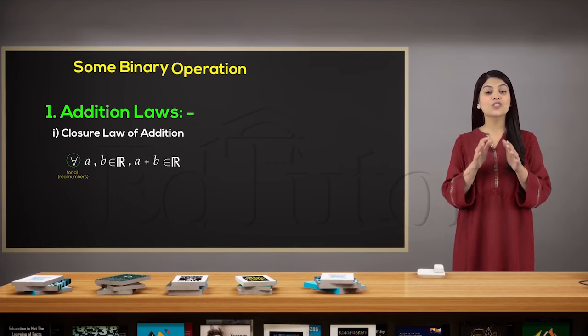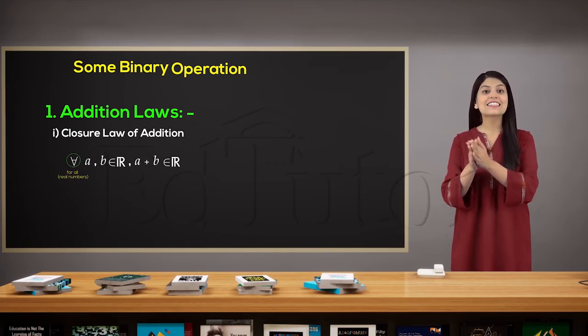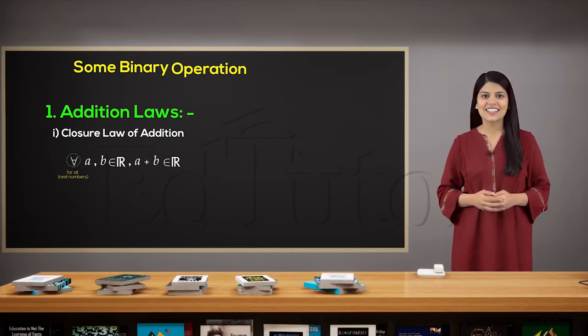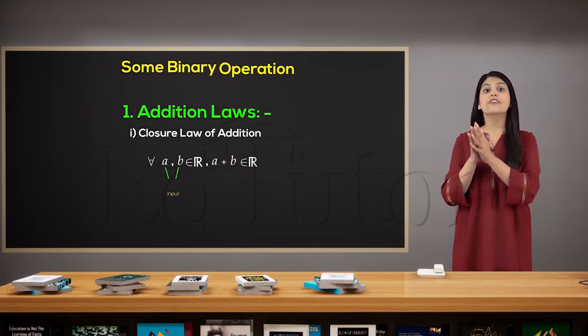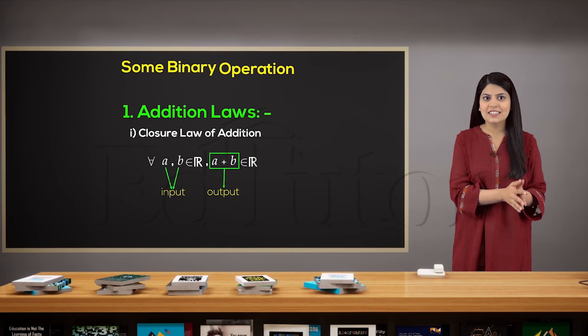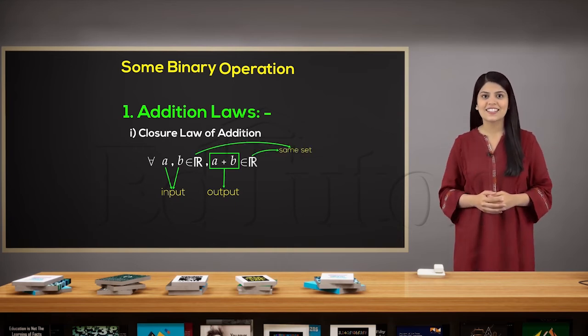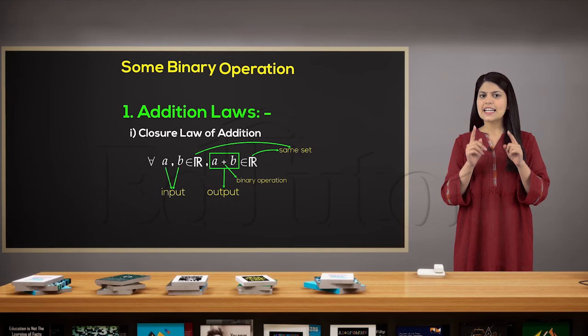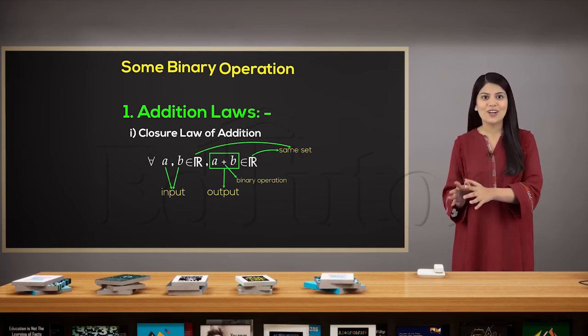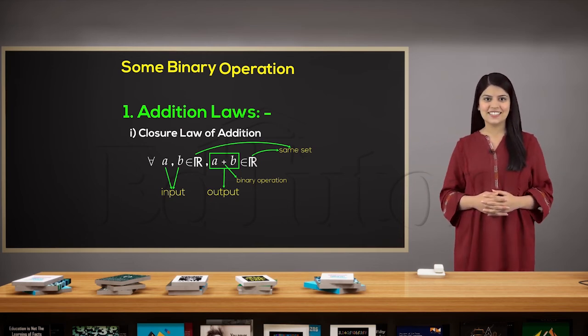And because it applies to all real numbers, we'll add this little symbol in the beginning. And that completes the law. And where's the binary operation stuff? We have inputs, outputs. Both belong to the same set. Hence, a valid binary operation. Identifying this for the rest of laws is your job from now on.